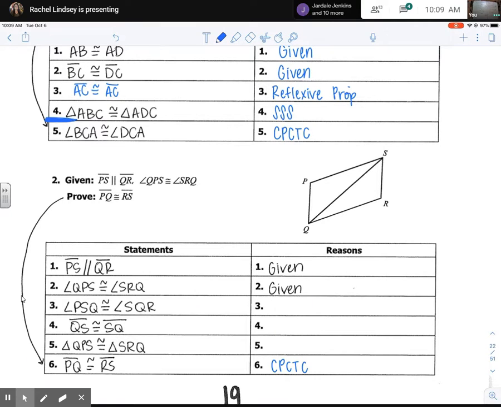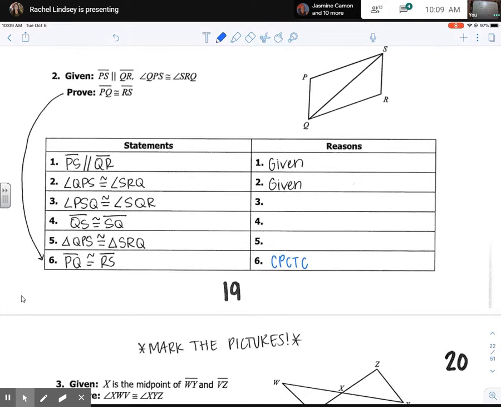Okay. So on number 2, we're given PS is parallel to QR, and we're given angle QPS is congruent to angle SRQ.